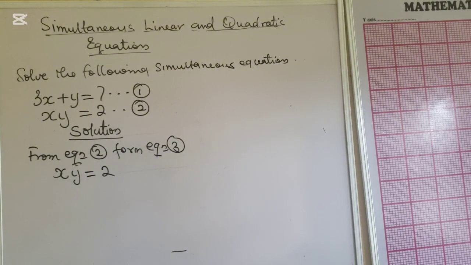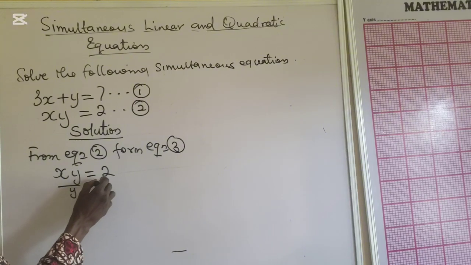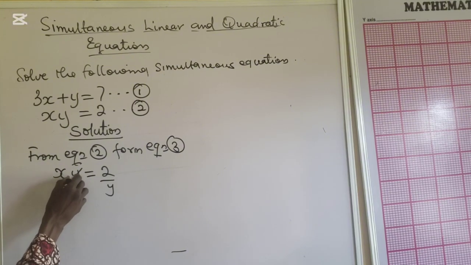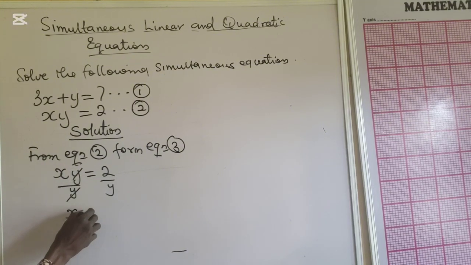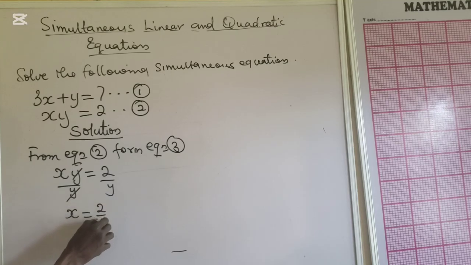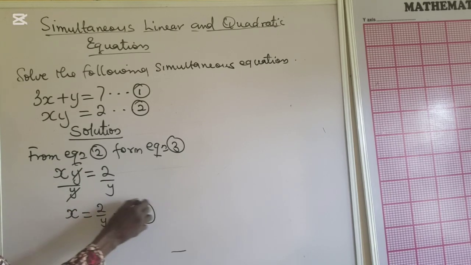So I can either make x the subject of the formula or make y the subject of the formula. Okay, let me make x. Now let's divide through by y. So this will cancel this. So x is equal to 2 over y. I will call this equation 3.